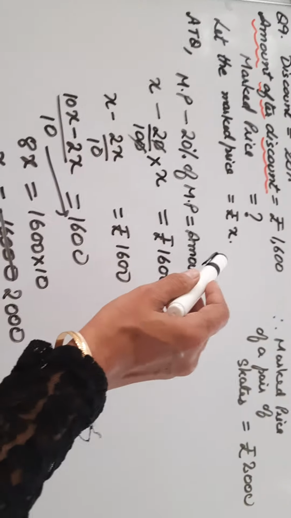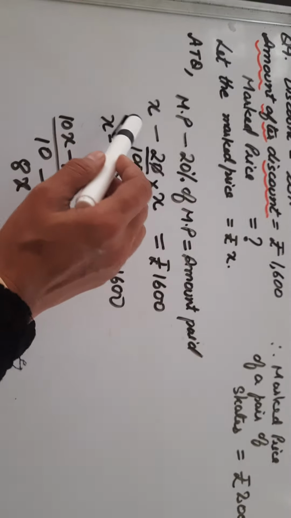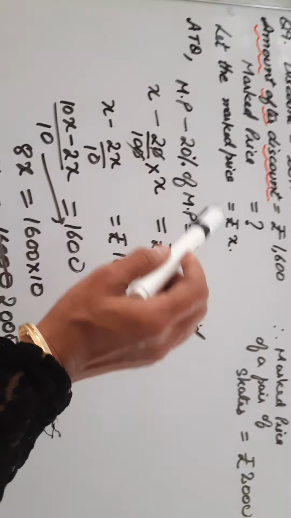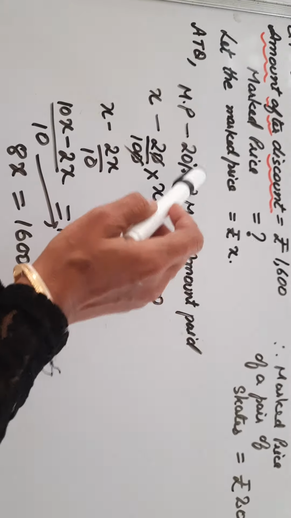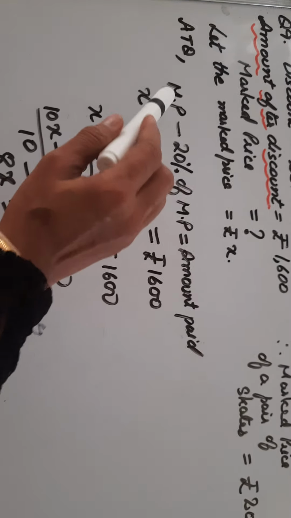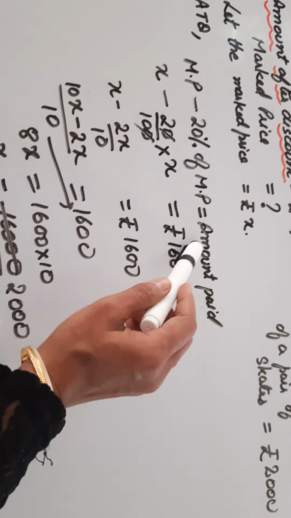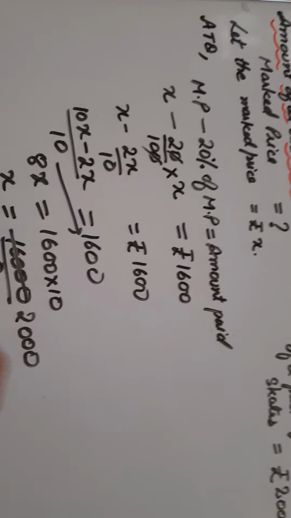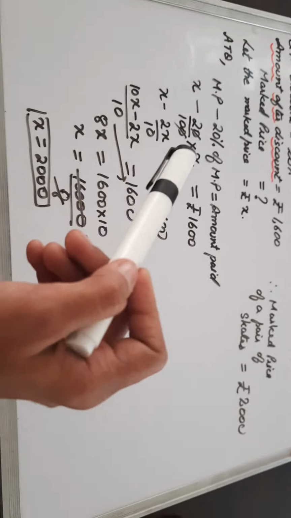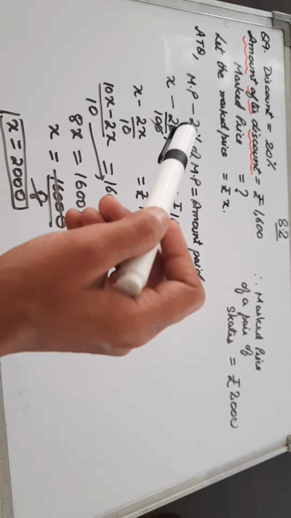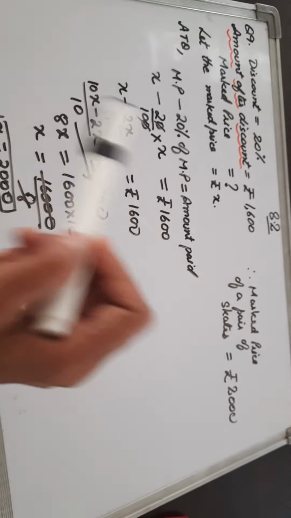So let the marked price be x. So अमाउंट पेड हमारे पास, discount हमेशा क्या किया जाता है, सब्ट्रैक्ट. So marked price minus 20% of marked price is equal to amount paid. So we have assumed marked price as x. So we'll take x minus, we'll solve it. 20% means 20 by 100 of x.